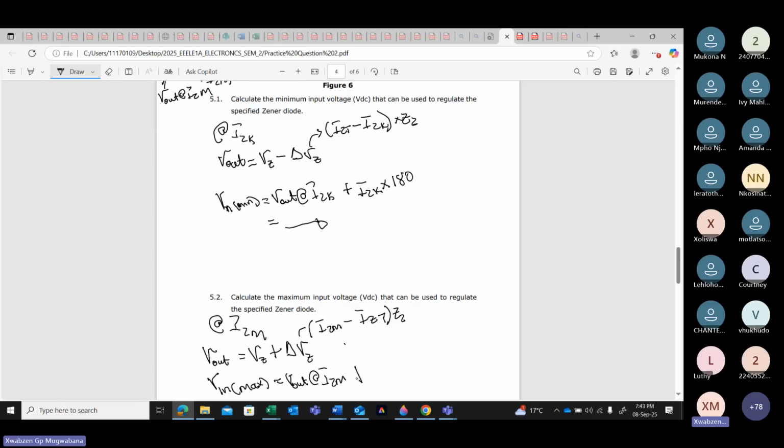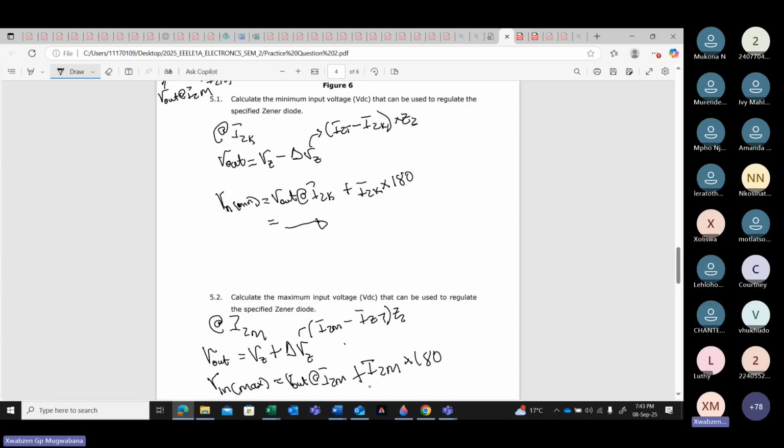Then plus, because I'm working with Ohm's law, the current is the maximum, your IZM, multiplied by the resistor in series with the input, which is 180. Therefore, I will find the maximum input voltage.